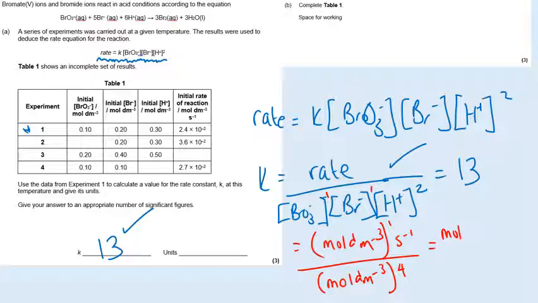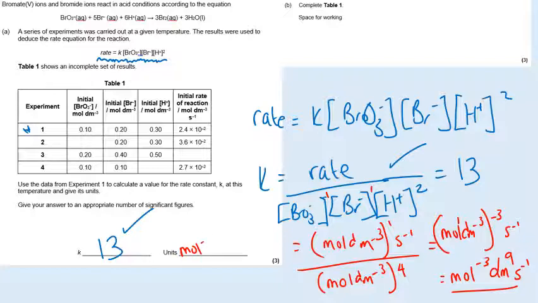So we end up with mol dm minus 3 to the minus 3 seconds to the minus 1. Multiply this out. 1 times minus 3 is minus 3. Minus 3 times minus 3 is plus 9. So my units come out at mol minus 3 dm9 s minus 1.